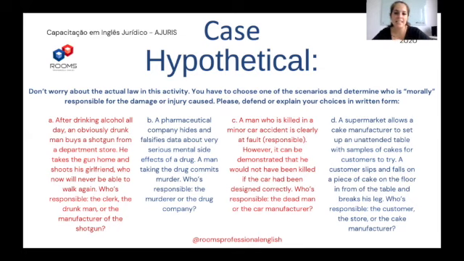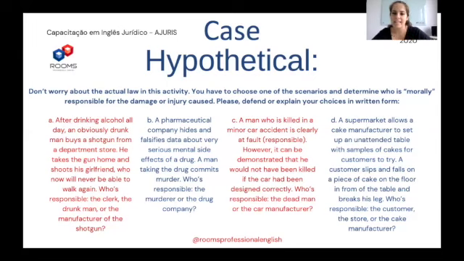Case C says that a man who is killed in a minor car accident is clearly at fault, is clearly responsible. However, it can be demonstrated that he would not have been killed if the car had been designed correctly. In this case here, who is more responsible, the dead man or the car manufacturer?